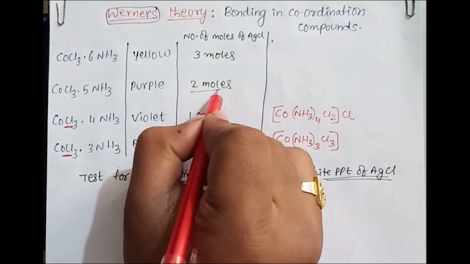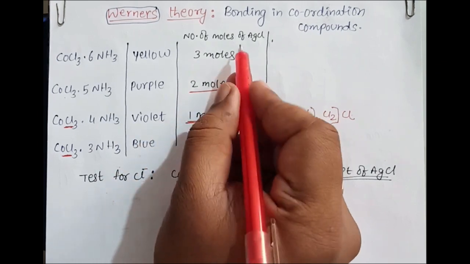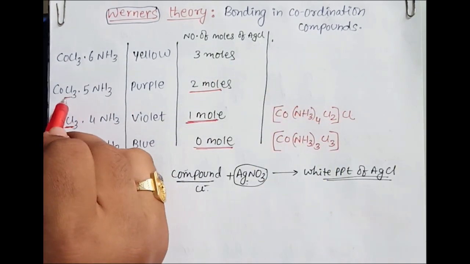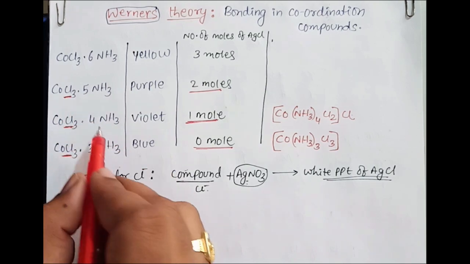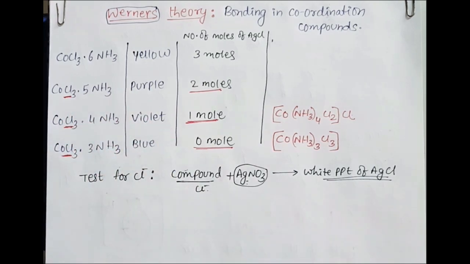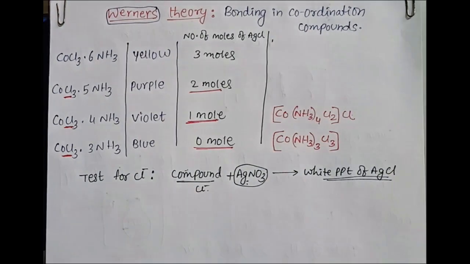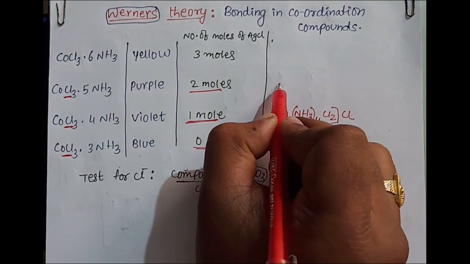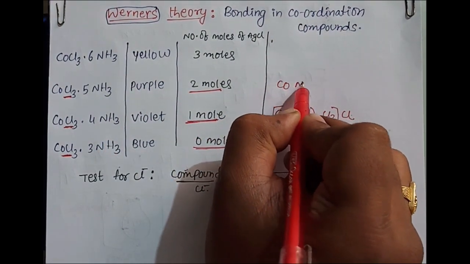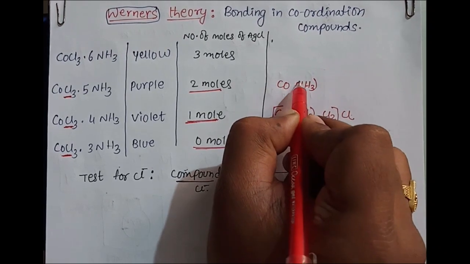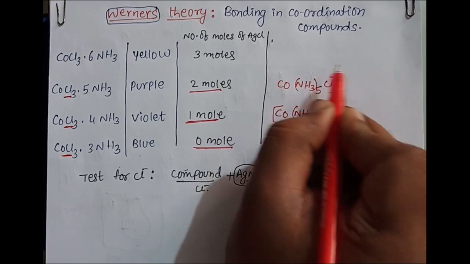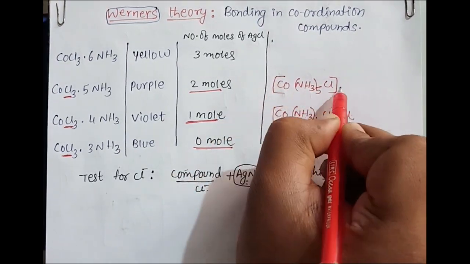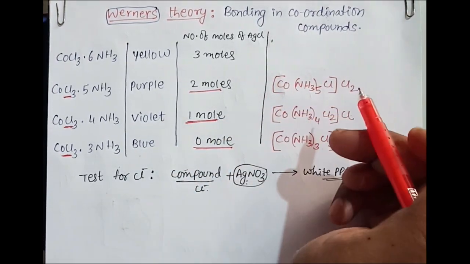Now you tell me what happens here. 2 moles of AgCl are formed, which means out of the 3 chloride ions, 2 are ionizable and 1 is non-ionizable. So it is Co(NH3)5Cl, with 1 chloride inside the bracket and the remaining 2 chloride ions outside the bracket.